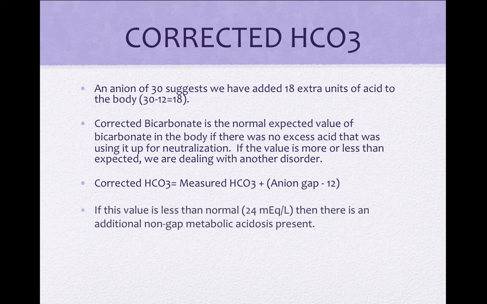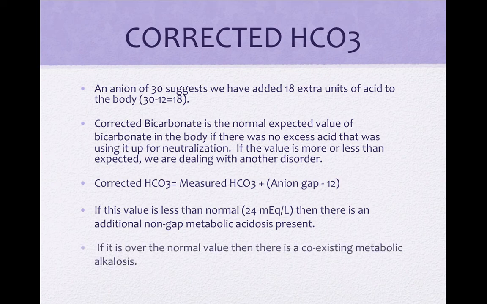So if this value is less than normal, then there is an additional non-gap metabolic acidosis, as the missing bicarbonate units are being consumed by another acid in the body. But if it is over the normal value, then there is a coexisting metabolic alkalosis, as it shows there are more bicarbonate units than normally should be.